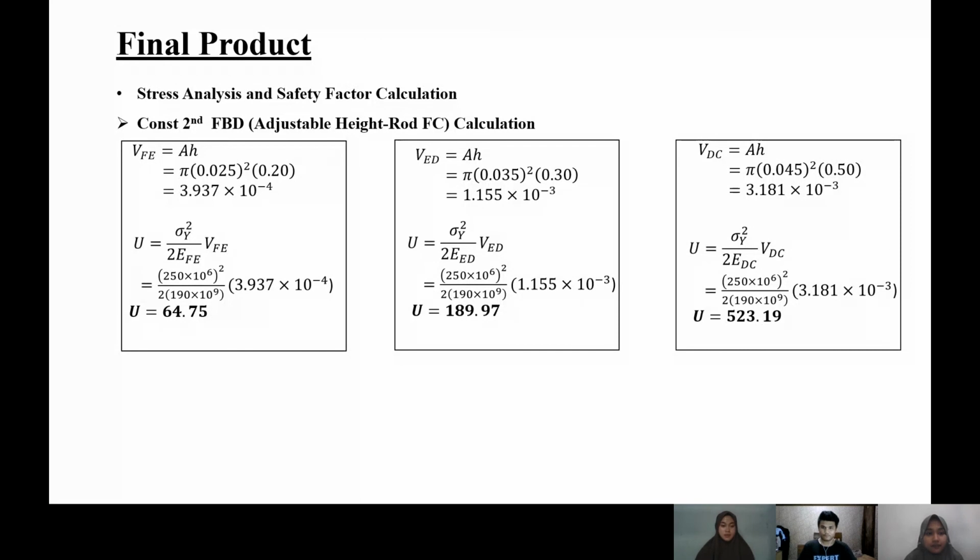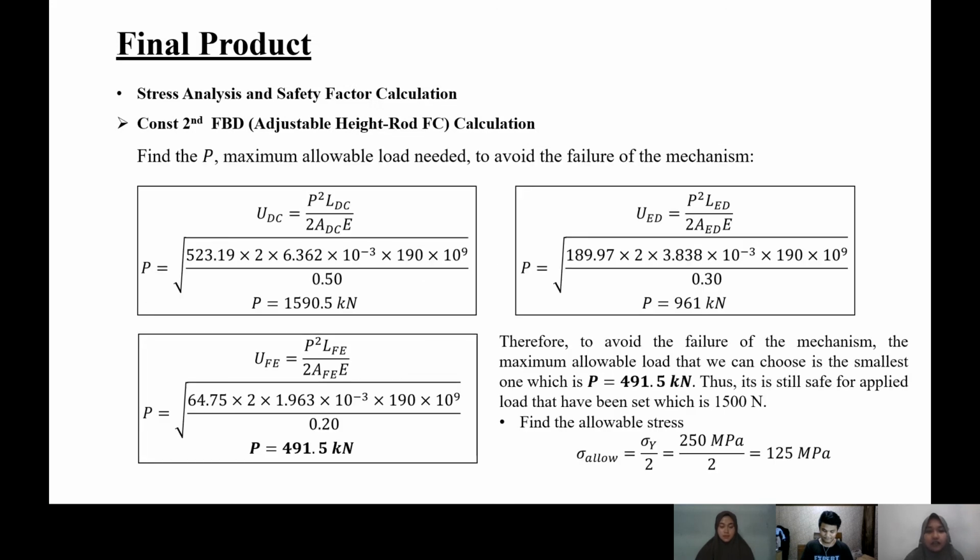And here we divide the calculation into three parts. For the part FE, the strain energy density is equal to 64.75, for the part ED, the strain energy density is equal to 189.97, and for the part DC, the strain energy density is equal to 523.19.